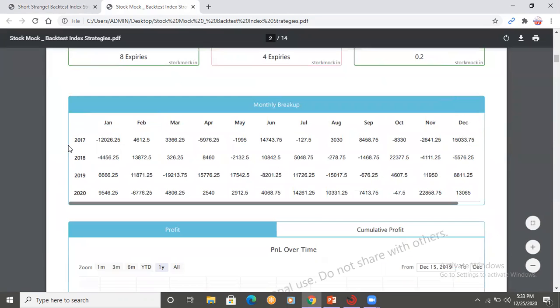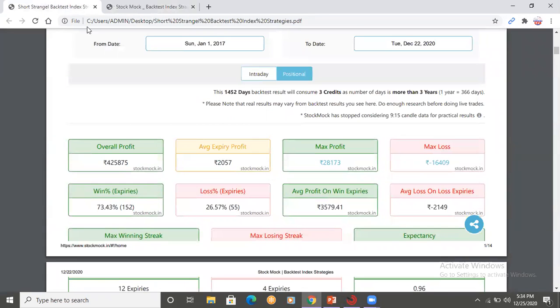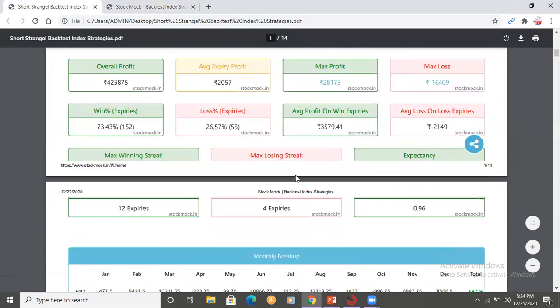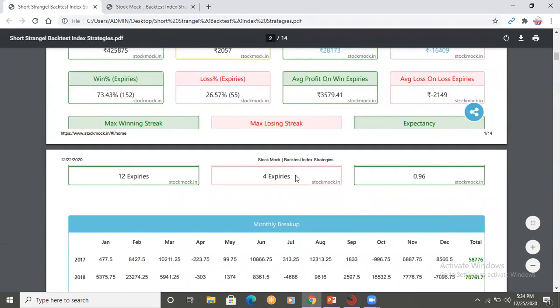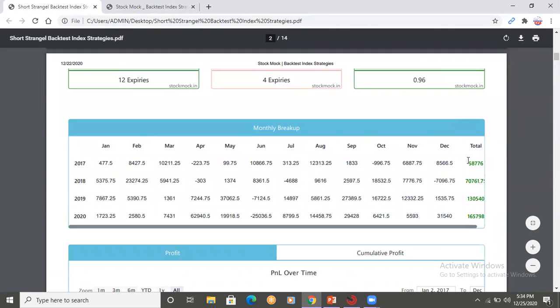Now let me show you the monthly breakup. Here you can see the entire years 2017, 2018, 2019, 2020. At the end of every year, if you net off, you are in net profit. Same is the case with the short Strangle strategy. At the end of 2017, 58,776 is the profit.